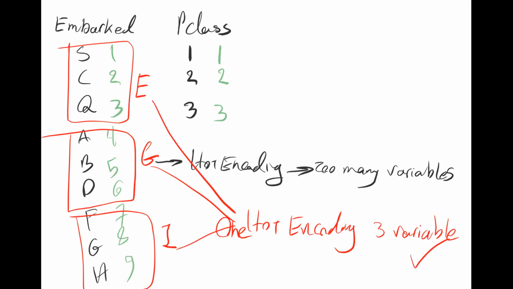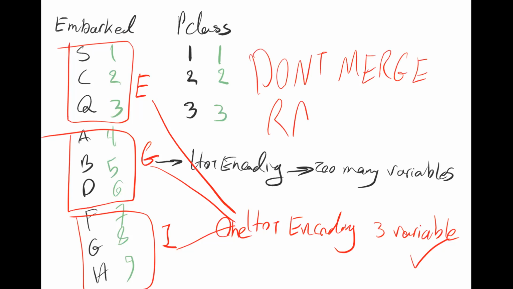One approach, when you have too many categories, is to merge them if it makes sense. If it doesn't make sense, or you don't know how to merge them, don't merge them randomly. This is very important. Don't merge randomly. It's a very bad thing.